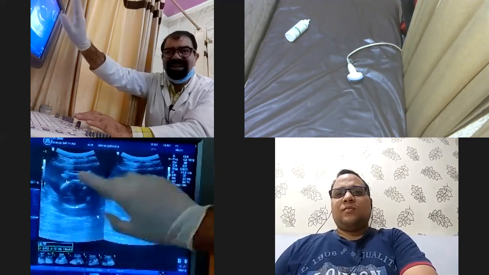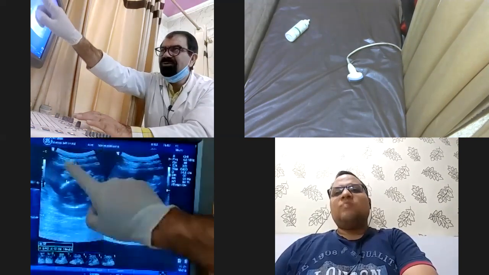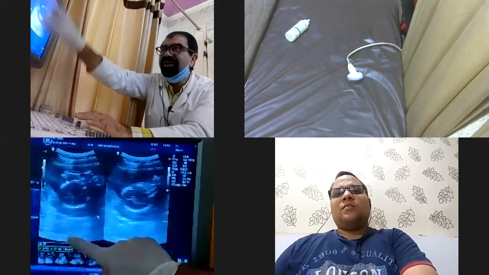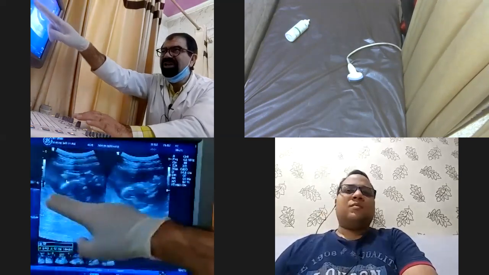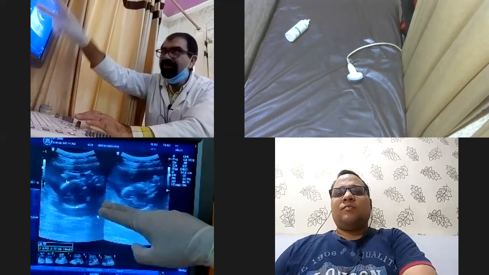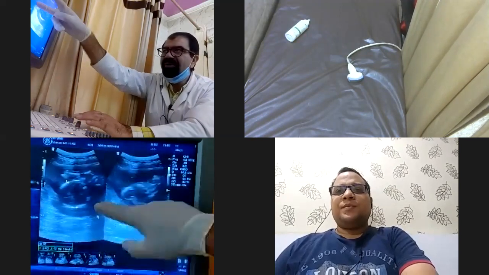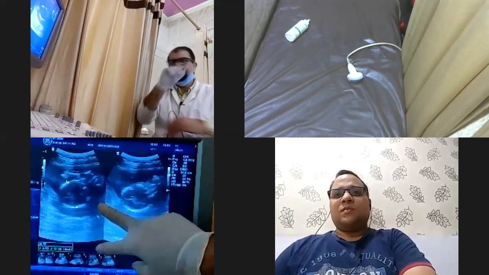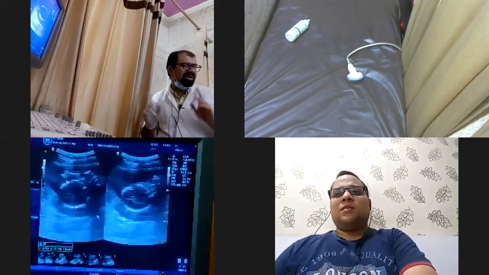Whatever is there, that is not of concern. So whatever is here is anterior, whatever is here is posterior. Now, if I divide this screen in half, upper and lower, the upper will be anterior, the lower will be posterior.